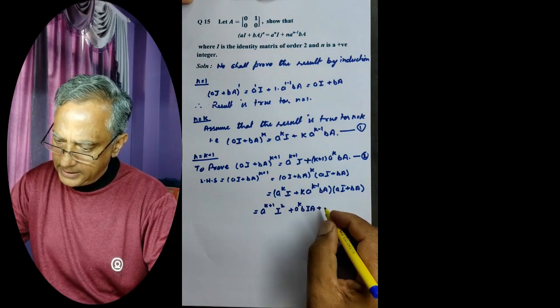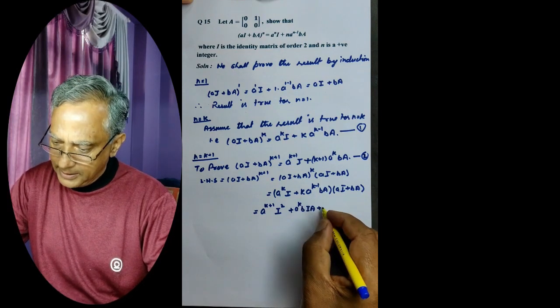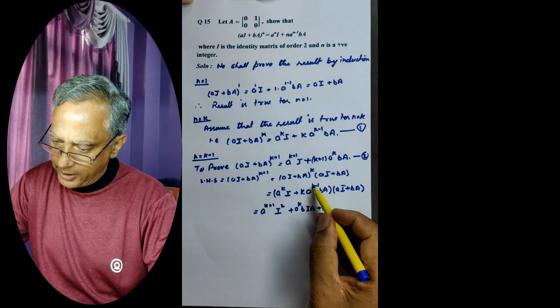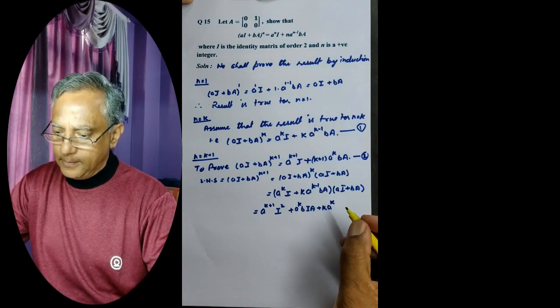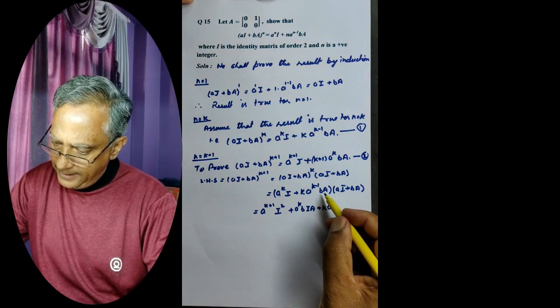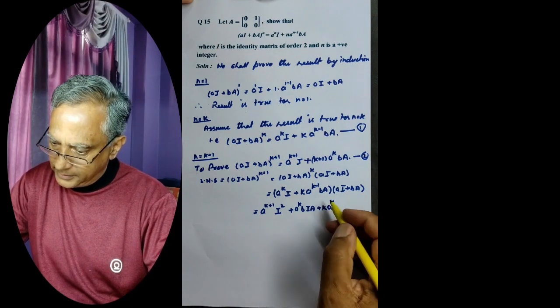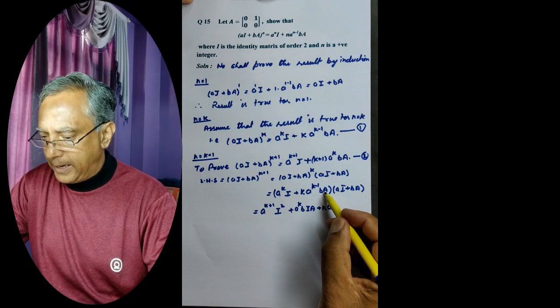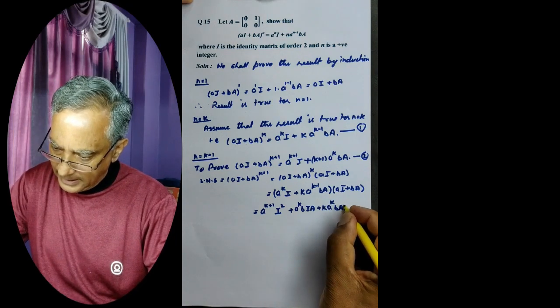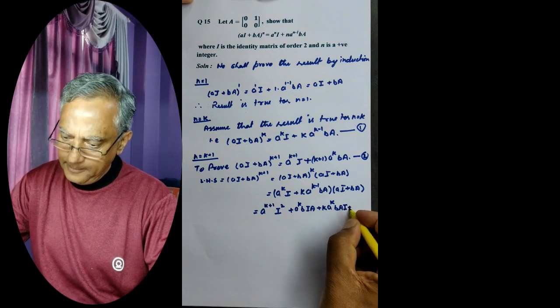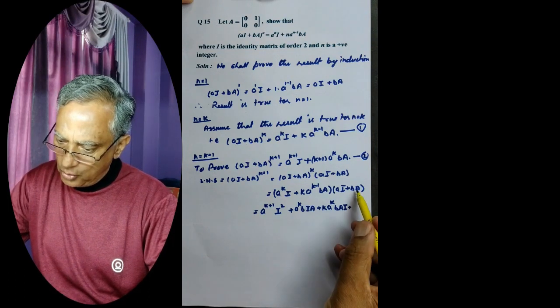So first we multiply the scalars. k, a^(k-1) into a will be a^k. And this is b, so b, and now the matrices will get multiplied, A into I. So this will be AI plus, now this into this.